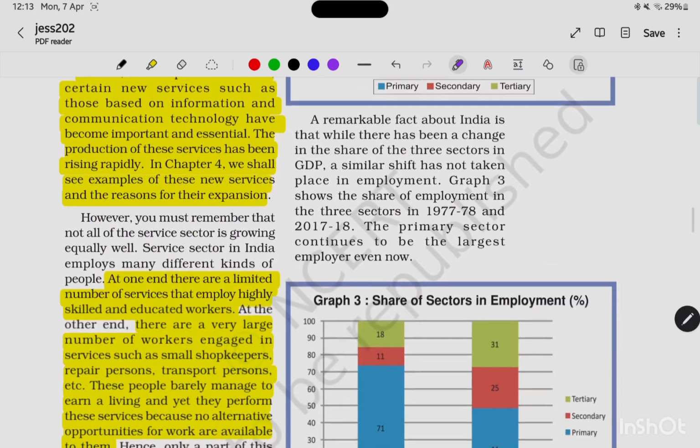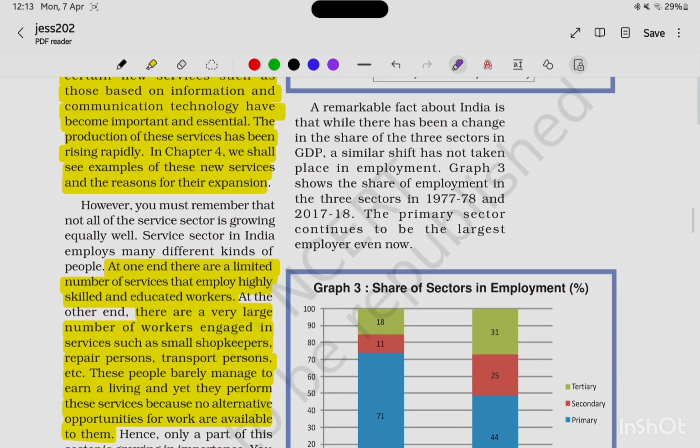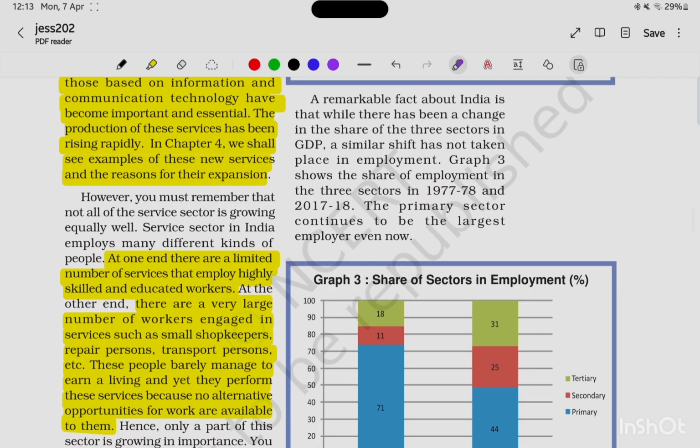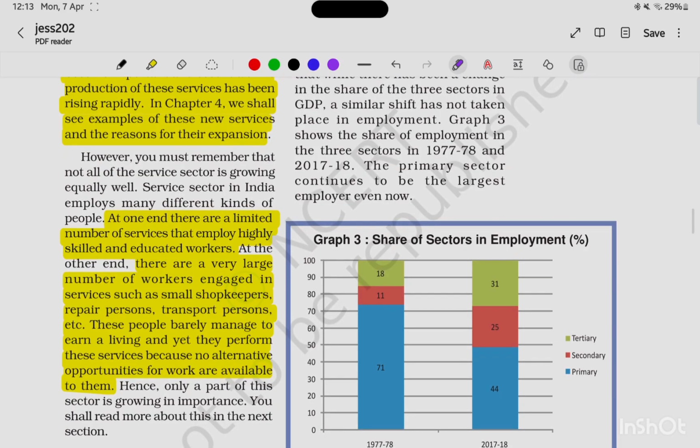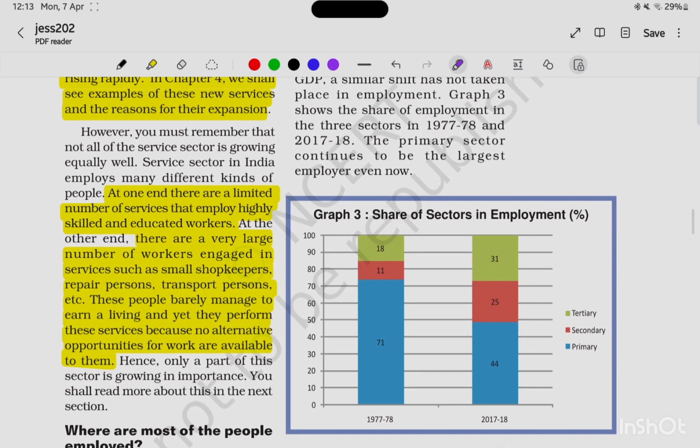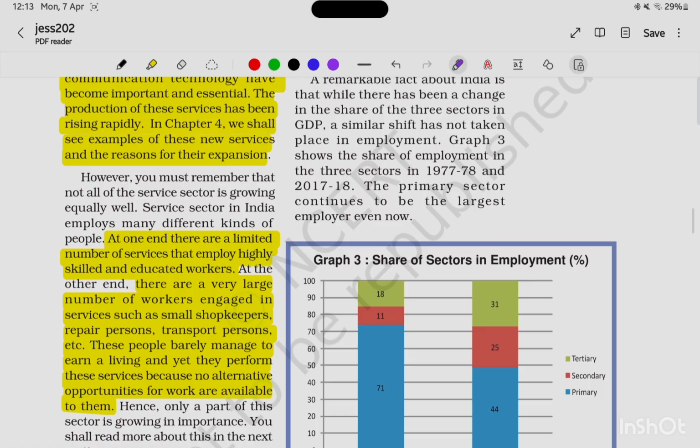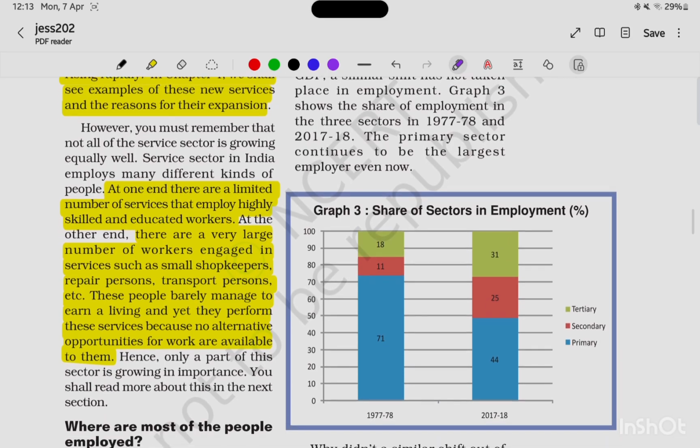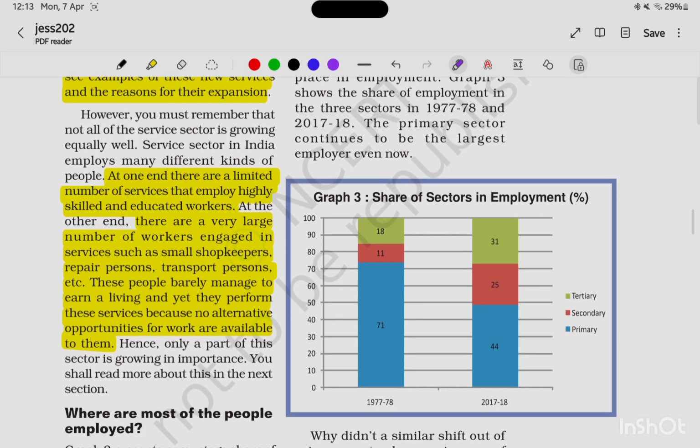Okay, that's a graph. A remarkable fact about India is that while there has been a change in the share of the three sectors in GDP, a similar shift has not taken place in employment. Okay, in graph 3, employment. Graph 3 shows the share of employment in the three sectors in 1977 to 1978 and 2017 to 2018.